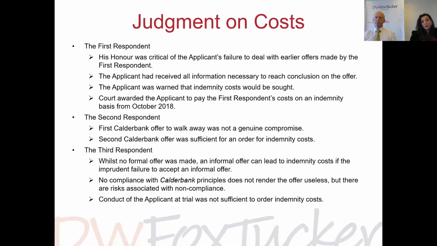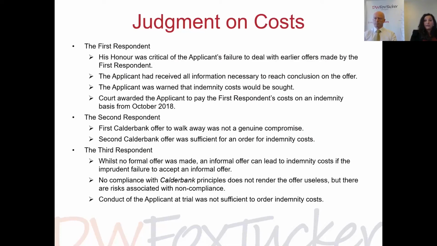The first respondent sought costs on an indemnity basis, and the court considered that the applicant had been on notice since the 3rd of October 2018 that the first respondent was the wrong party. So the first respondent had given all the information necessary to reach that conclusion to the applicant and had warned the applicant they would be seeking costs on an indemnity basis if the action was to continue.